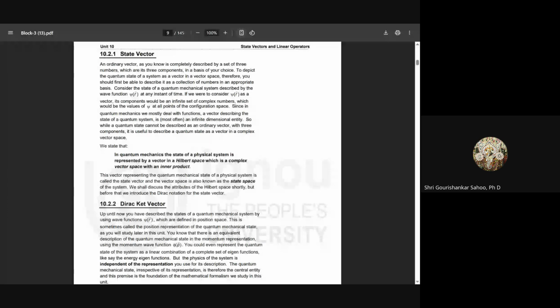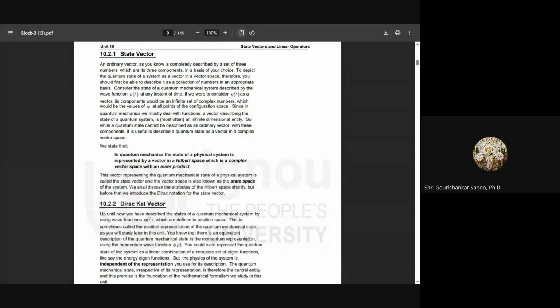So configuration space is basically having three position coordinates. Since in quantum mechanics you mostly deal with functions, a vector describing the state of a quantum system is an infinite-dimensional entity. So, while a quantum state cannot be described as an ordinary vector with three components, it is useful to describe a quantum state as a vector in a complex vector space.